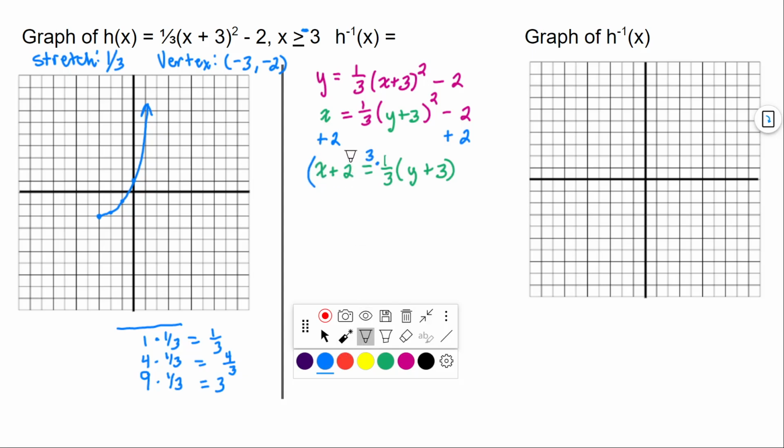That means the x plus 2 is going to go into parentheses. I'm not actually going to distribute it. I will keep it as 3 times (x plus 2) equals (y plus 3) squared.